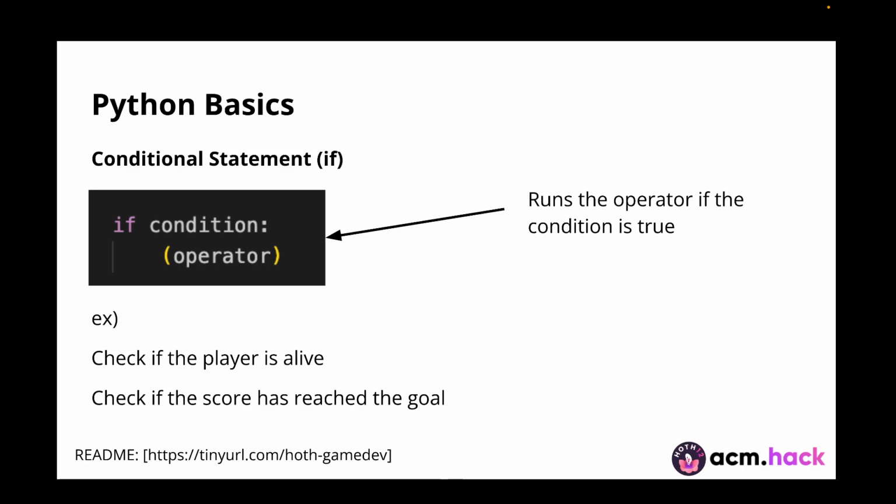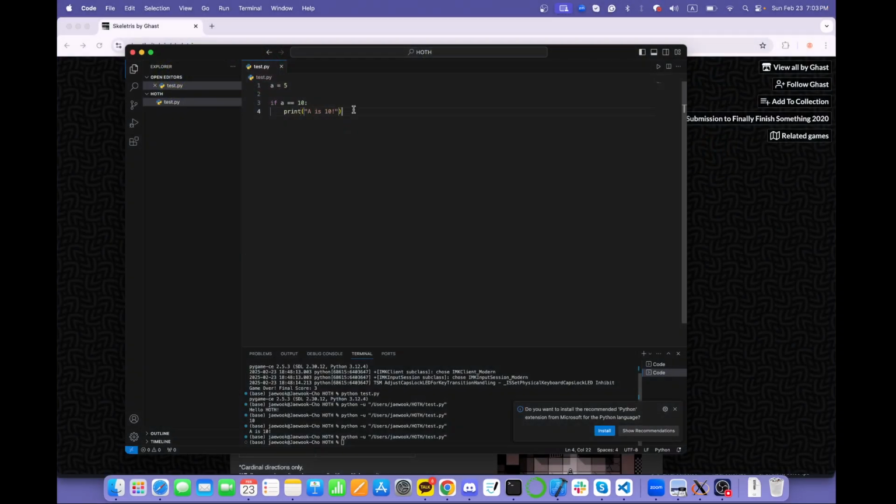For example, if we have a score variable, and we keep an integer value of the score in this score variable, and at the end, let's say you want to make a game that says congratulations if the player's score is above 100, then you can do something like: if score is greater than 100, we print congrats.